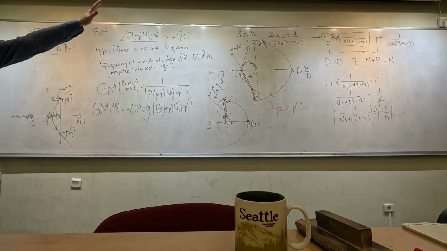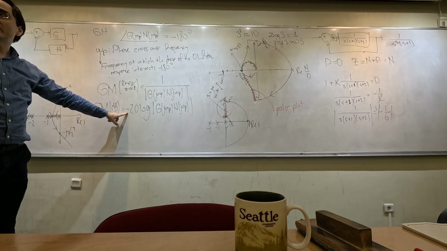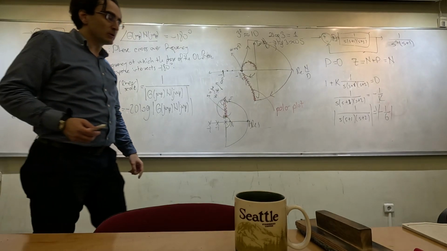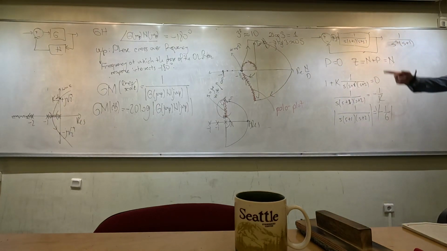So if you have the dB scale Bode plot, you locate where the phase crosses minus 180 degrees, and you look at the magnitude in dB scale at that point, and the negative of that value is going to be your gain margin. So here the gain margin, the linear scale value, is actually 6, which is larger than 1.